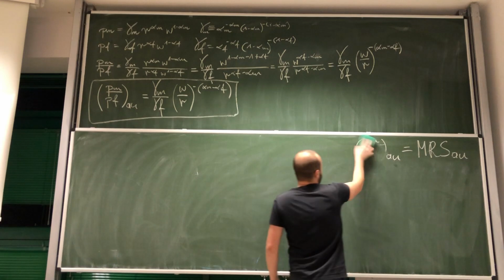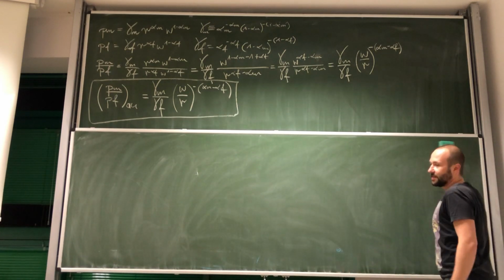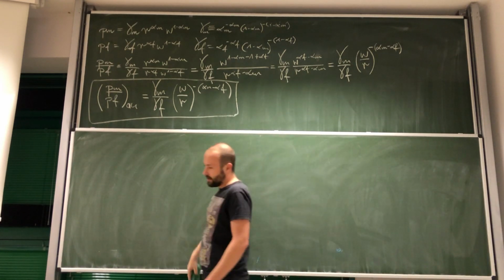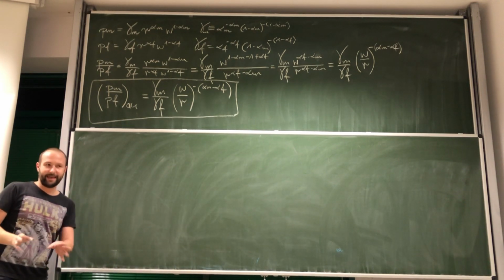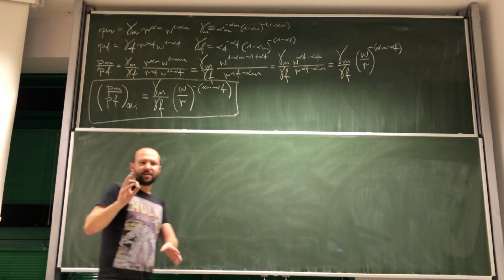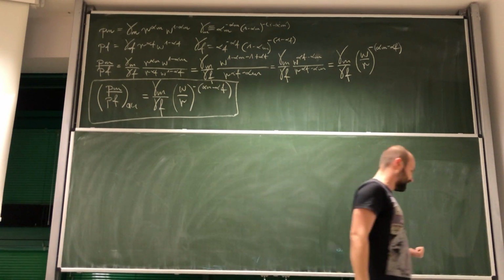Okay, look, the next condition that I'm going to use is a little bit more complicated. This is the condition that I've been telling you about in the previous video.